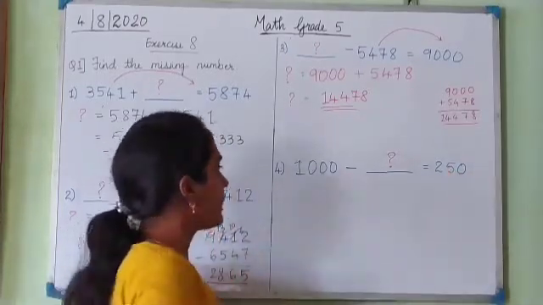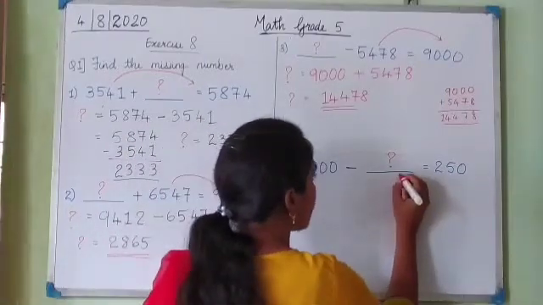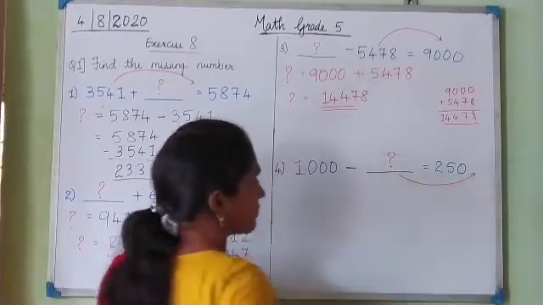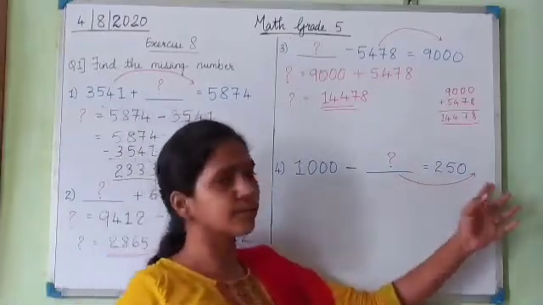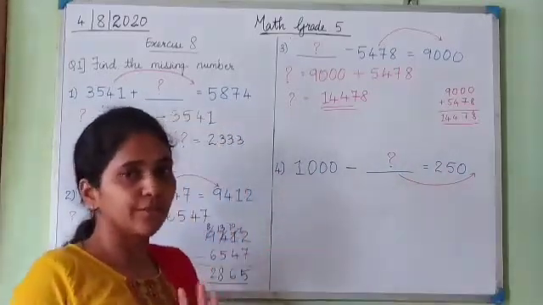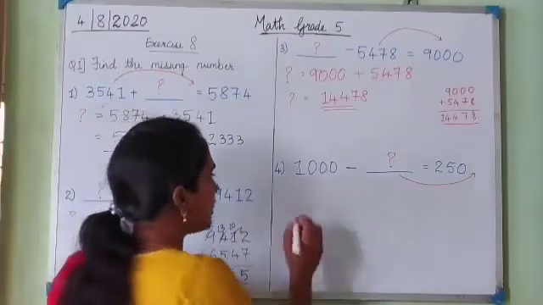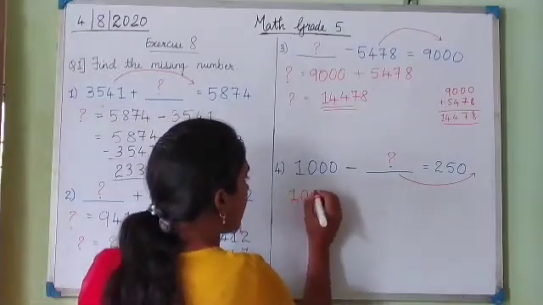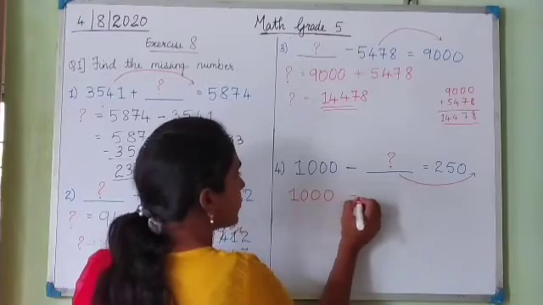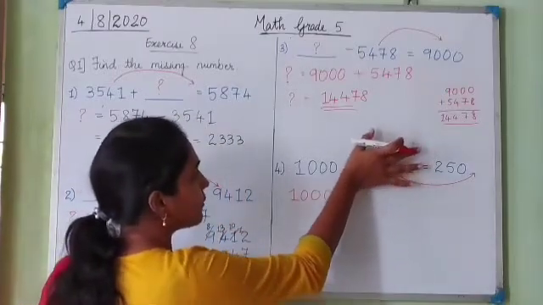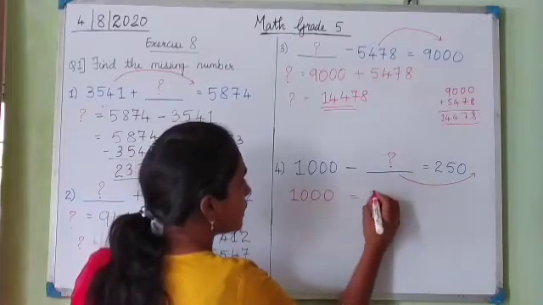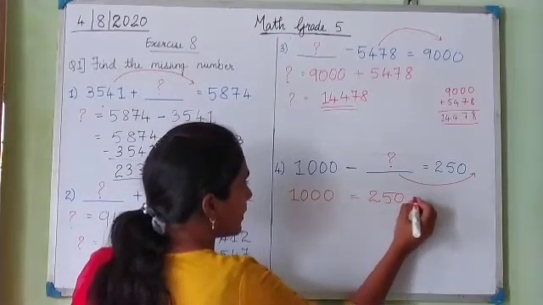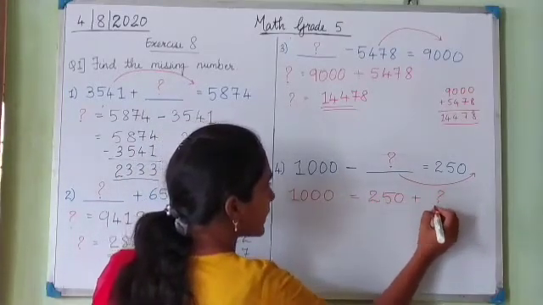So I will take this number to this side now. On going to the other side, if it is minus here, after going to the other side it will become positive, it will become plus. So this will be how now? 1000 is equal to, because there is no number, if I omit this, then this remains as it is, 250 plus the missing number here.